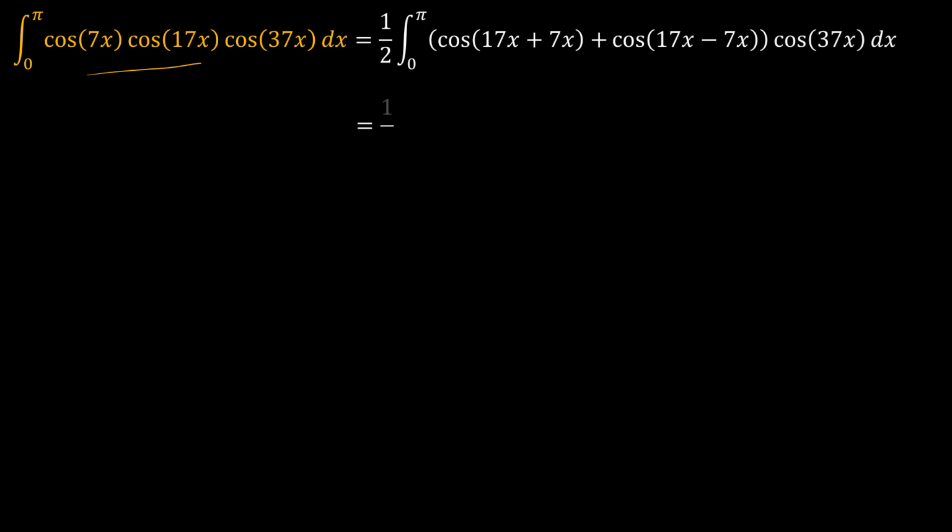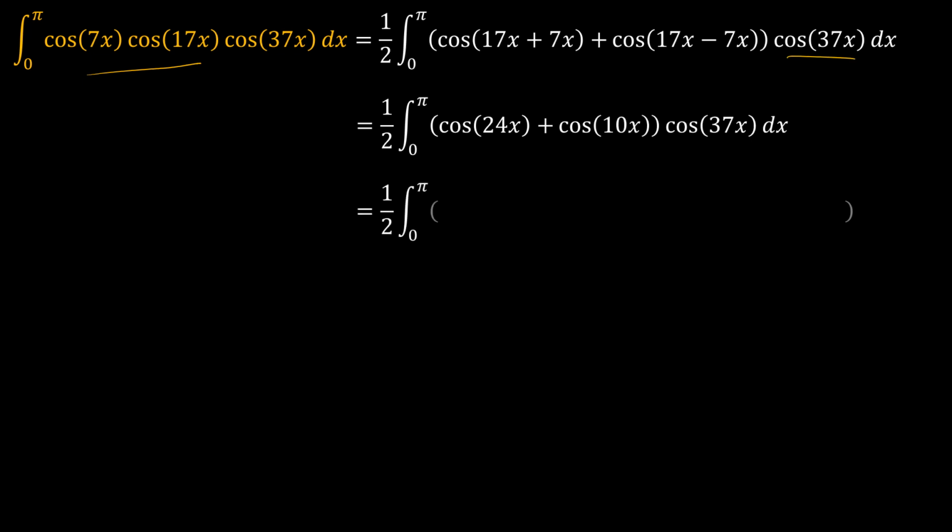And this becomes half times the integral from x equals 0 to x equals pi of cosine 24x plus cosine 10x. Then you multiply cosine 37x through, so you have half times cosine 24x times cosine 37x plus cosine 10x times cosine 37x.